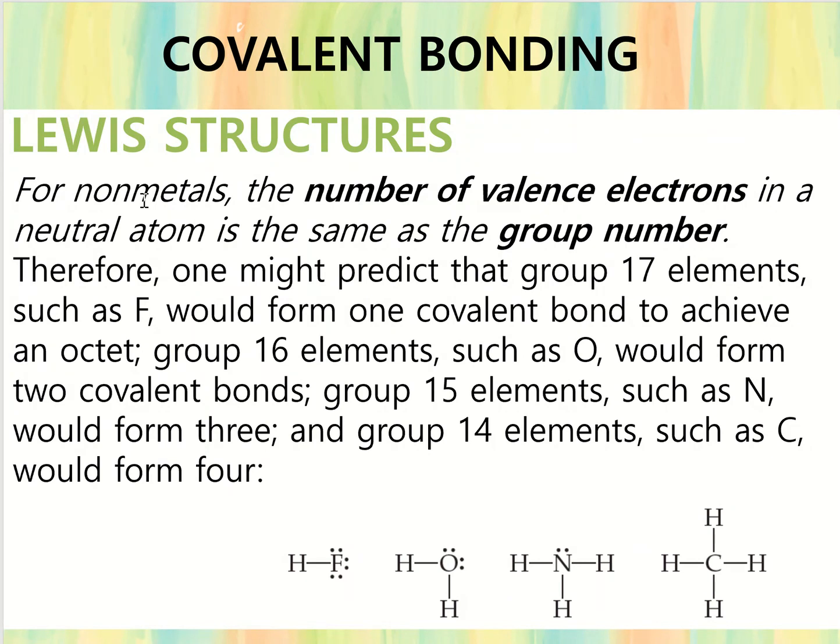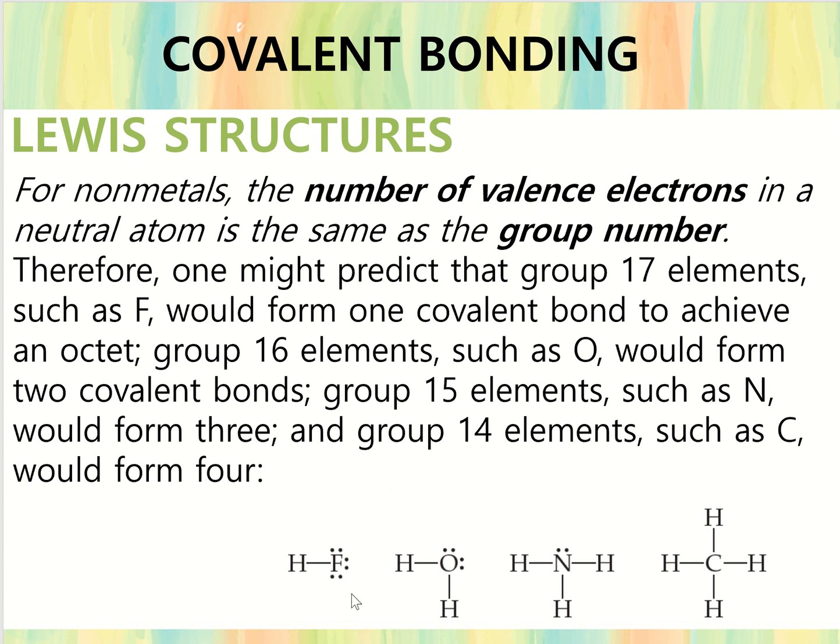And group 16 or 6, such as oxygen, would form 2 covalent bonds, and nitrogen, which is in group 5 or 15, would form 3 covalent bonds in order to reach that octet. And for carbon, for example, which is in group 4 or 14, we would need 4 covalent bonds to satisfy the octet.